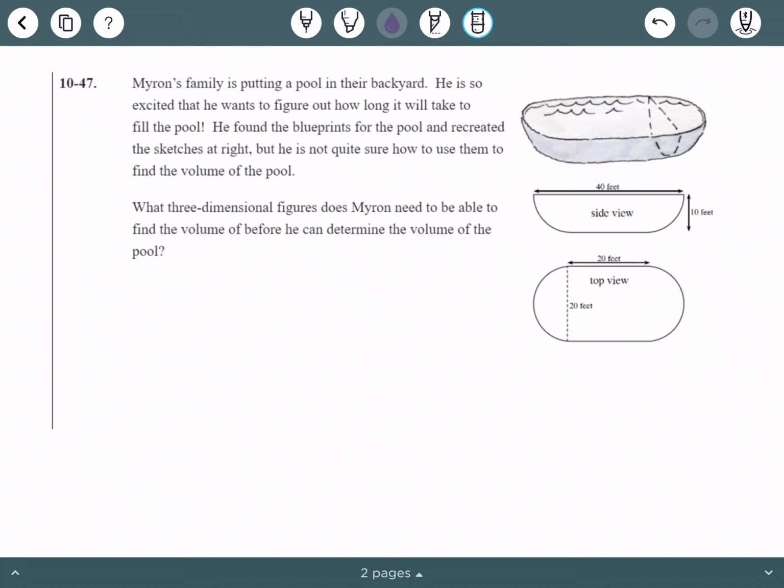All right, so we have a few figures here, and you can see that in the top one, they give us a 3D model of what the pool looks like. And here and here, they give us a side view and a top view.